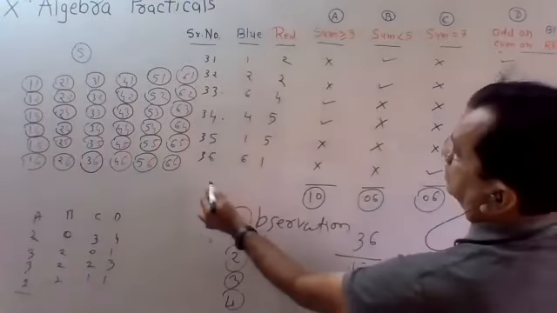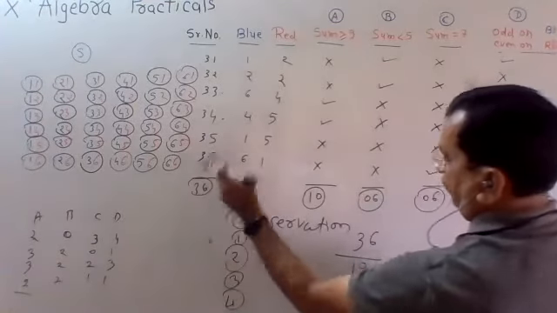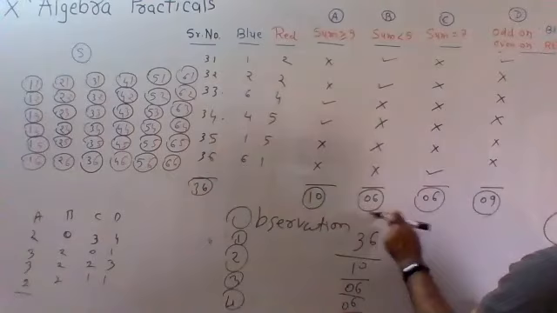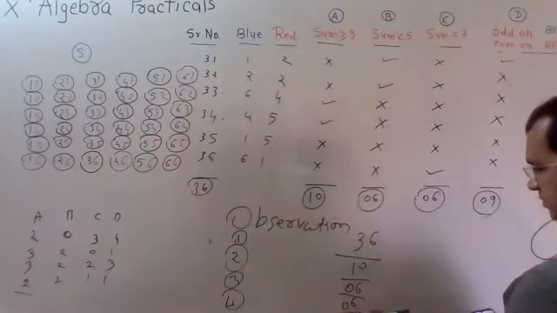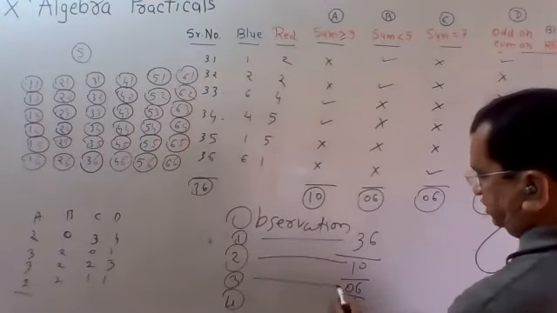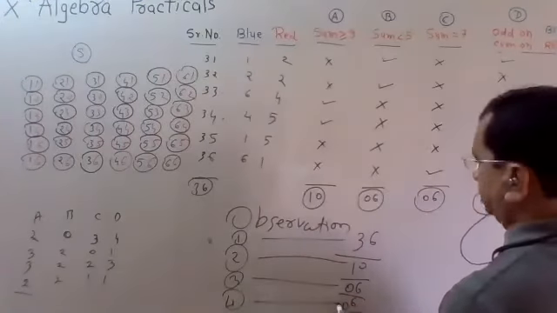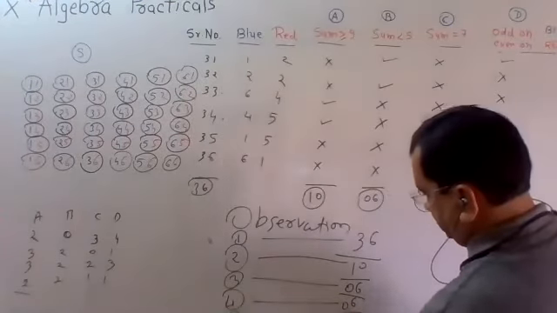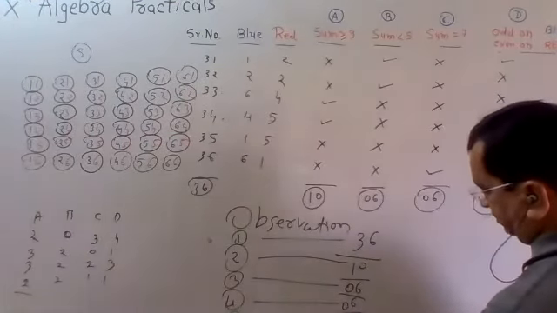So these total 36. First answer, second answer, third answer, fourth answer, fifth answer. Fifth answer is 0.9.